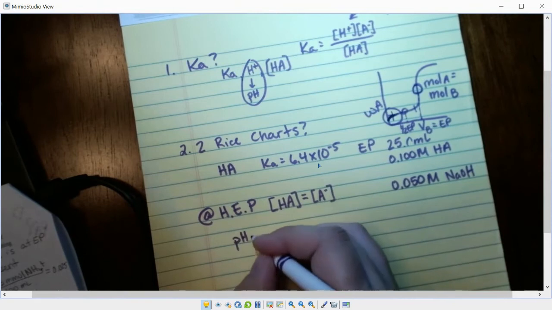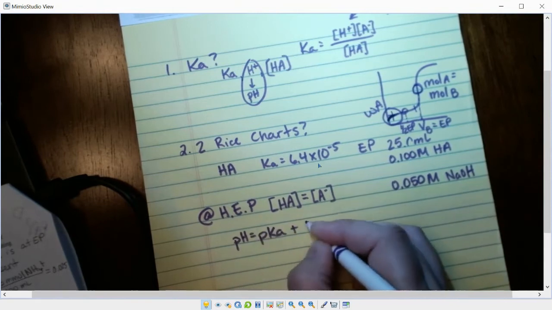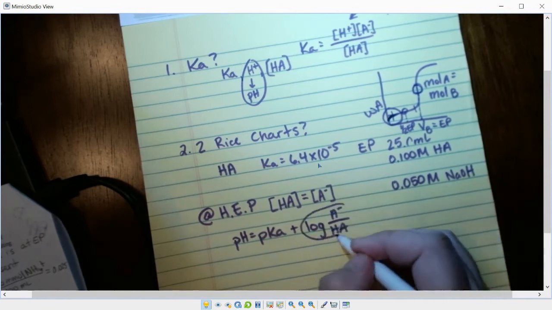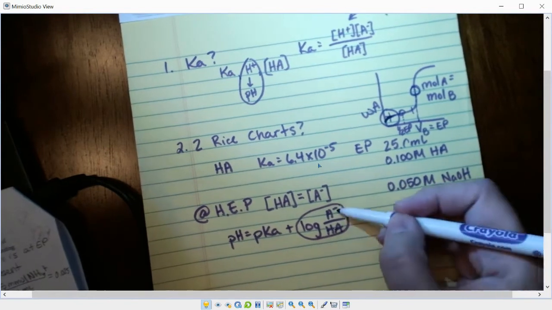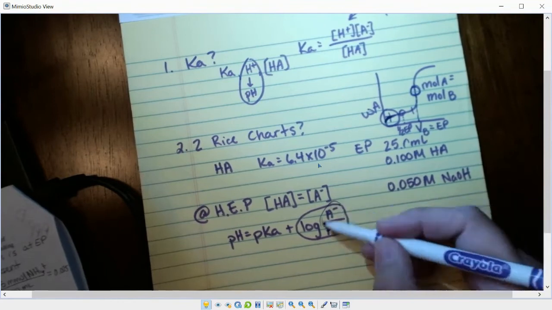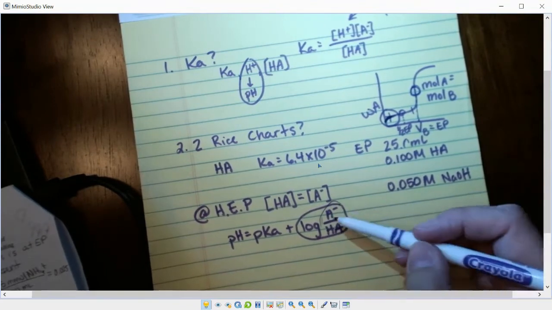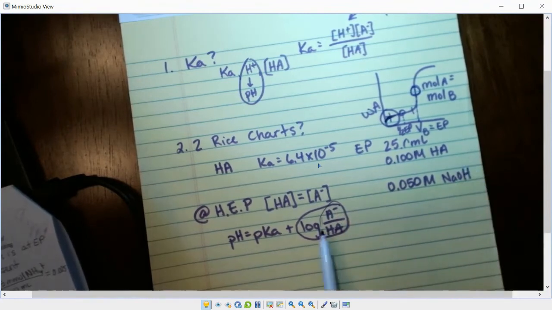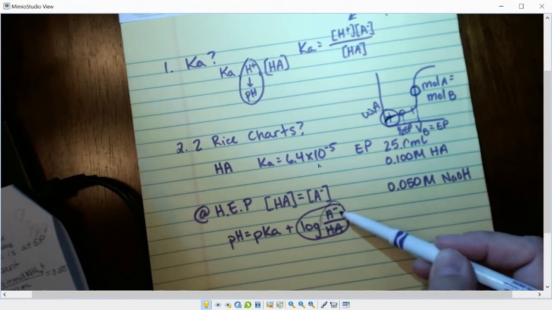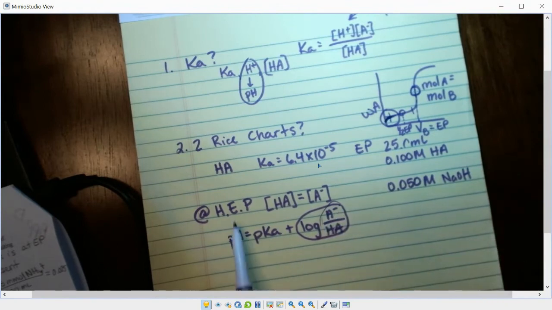And according to Henderson-Hasselbalch, if that's true, A minus over HA, this whole term is 1. Because now remember, this is coming just from the benzoic acid, the weak acid. This has nothing to do with the fact that we've added NaOH to it. But once we add the NaOH to it, then we get to the point where these two species are equal to each other. And so if A minus and HA are equal to each other, that makes this term 1. Log of 1 is 0. And so at the half equivalence point, this relationship is true, where the pH equals the pKa.